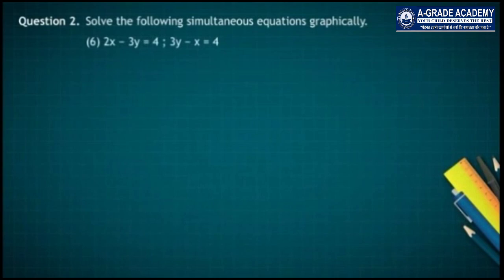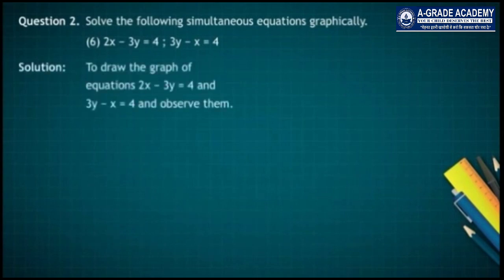2. 2x minus 3y is equal to 4. 3y minus x is equal to 4. Solution.